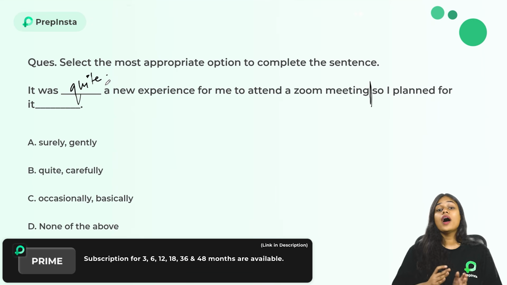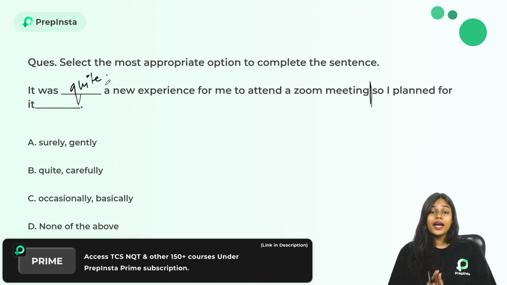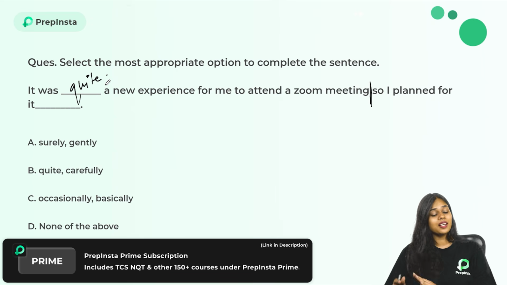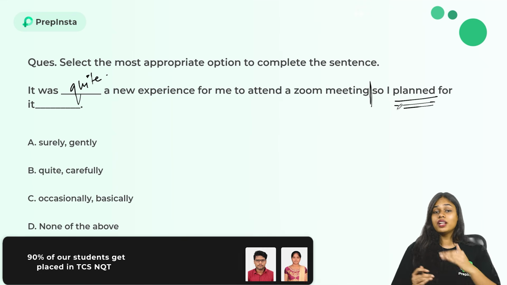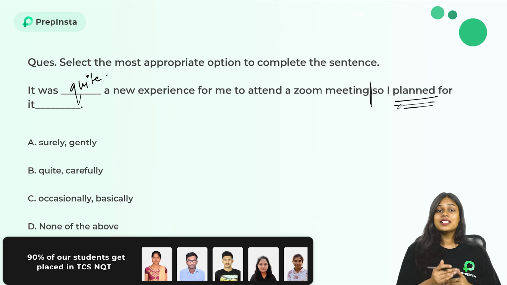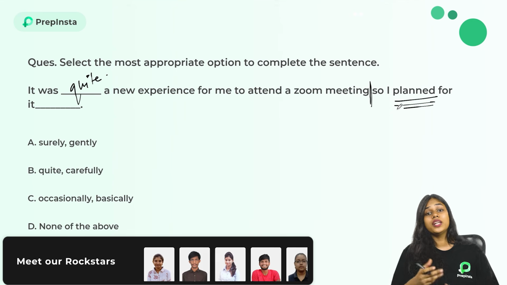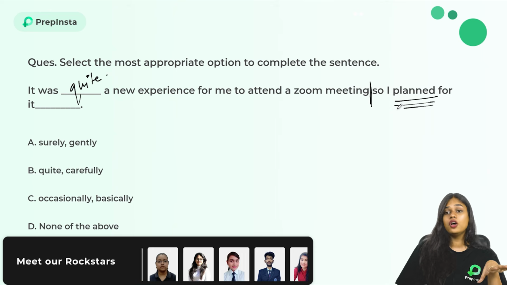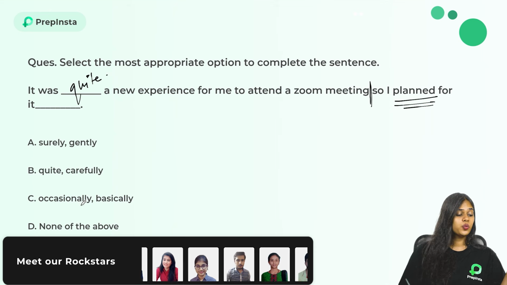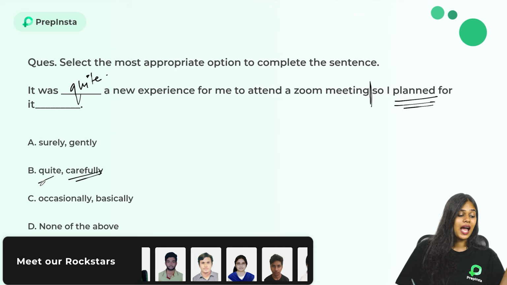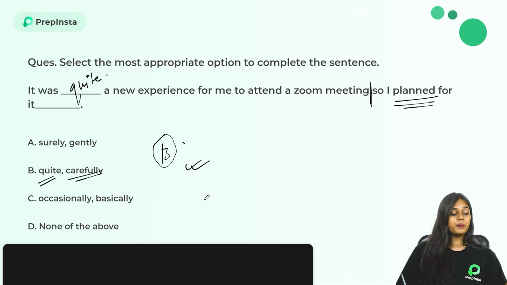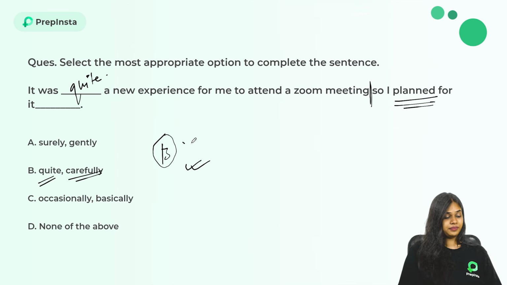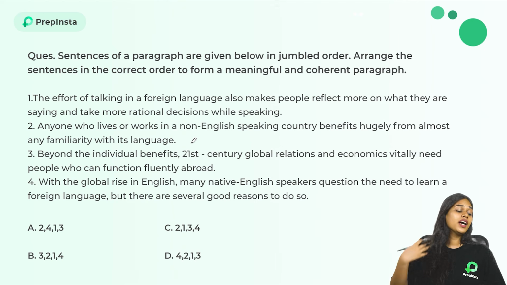It was quite a new experience. Why can we say this? Because of the second blank, so I planned for it. The person planned for it, and whenever you plan something very logically, you are very careful while planning ahead. So we are going to use the words quite and carefully for this sentence. Hence, option B becomes the correct answer. All right, moving ahead.